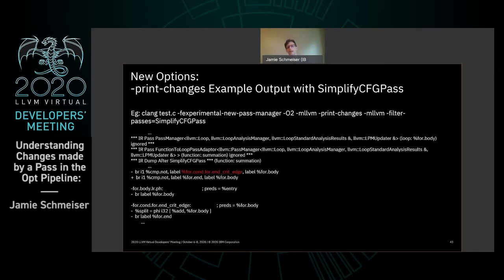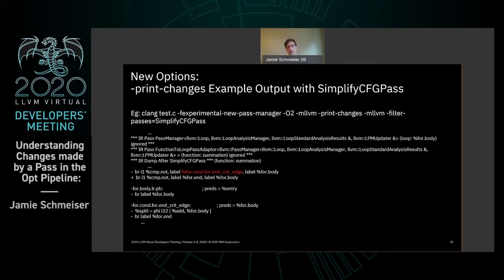Let's look at another example of using print changes, this time with the simplify CFG pass. The slide shows the command and a portion of the resulting output. Here we see what happens when an entire block is added or removed. The entire block will be shown prefixed with pluses or minuses respectively.